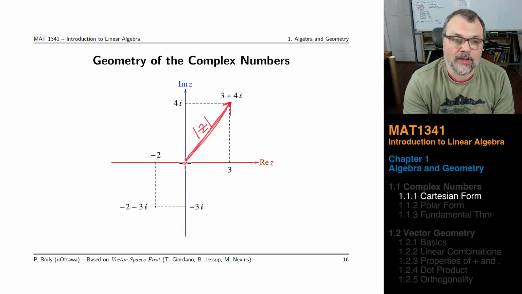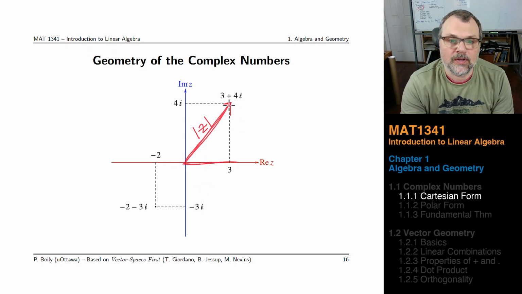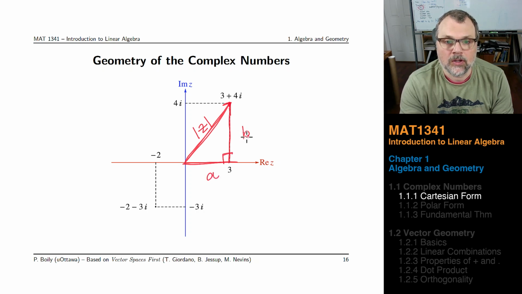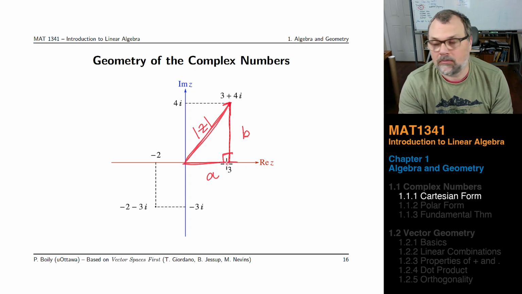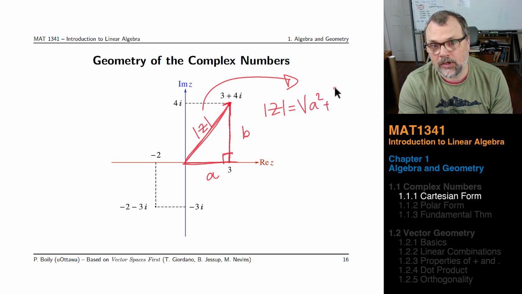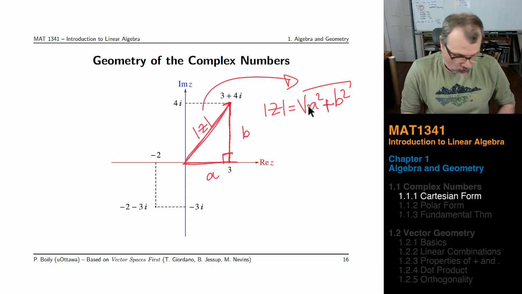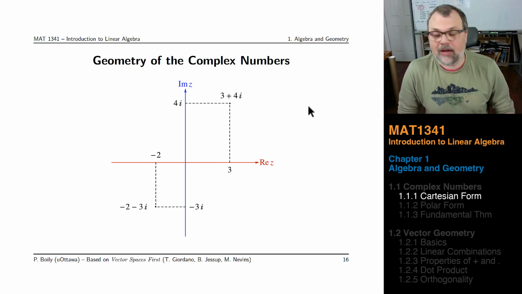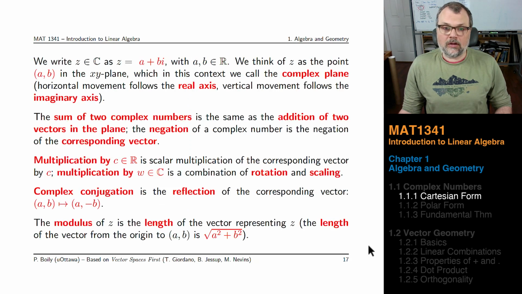And because of the way this is set up, we always end up with a right angle triangle. a and b are the sides, and so the hypotenuse of that triangle would be the square root of a squared plus b squared, according to the famous theorem that tells us how to relate the length of the hypotenuse to the lengths of the sides.